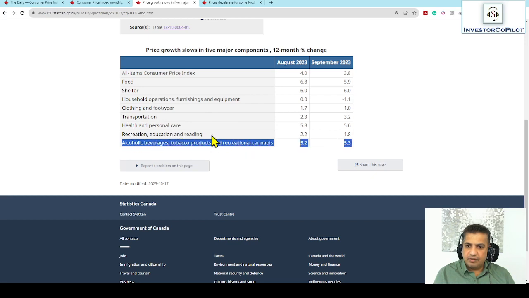entertainment, recreation, and something like that. But food, shelter, transportation, and health and personal care are inevitable, very important expenses. And we see that the 12-month percentage change through these four categories, which are major expenses for everyone, is between 5.5 and 6%.